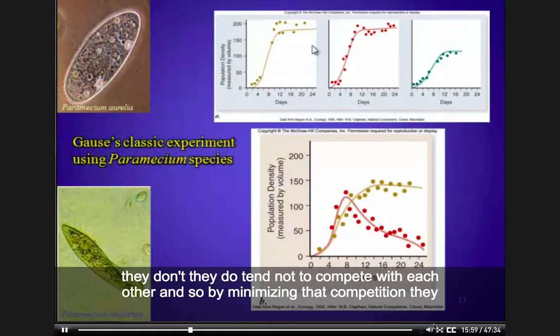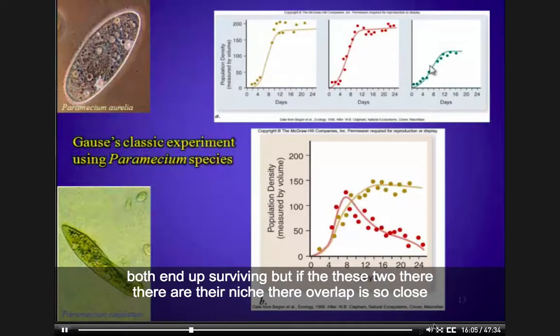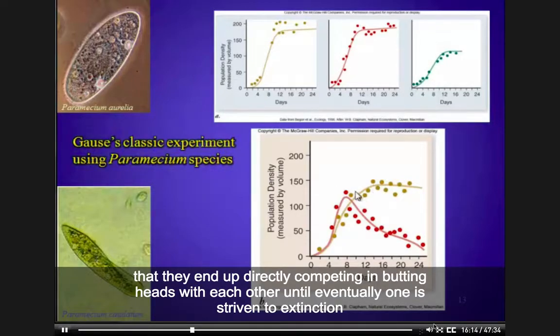They tend not to compete with each other. And so by minimizing that competition, they both end up surviving. But these two, their niche overlap is so close that they end up directly competing and butting heads with each other until eventually one is driven to extinction.